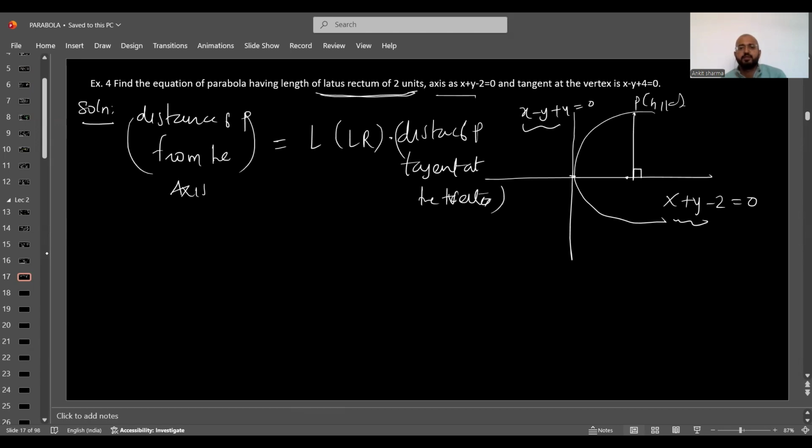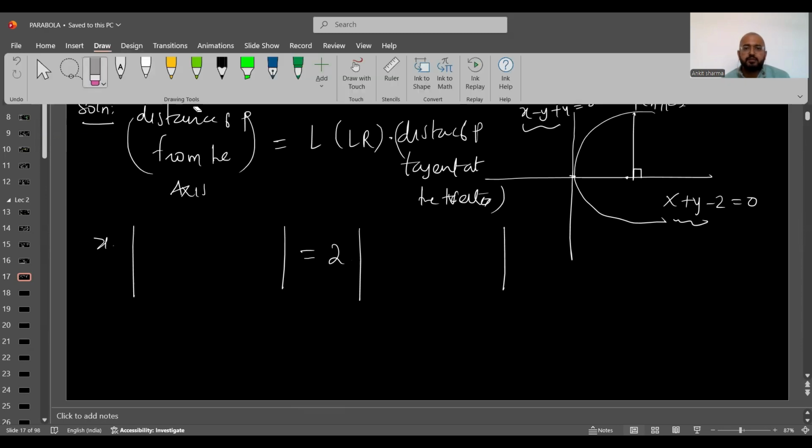This concept we can use. So just simply apply this. Distance of P from the axis is equal to length of latus rectum, given to be 2, into distance of P from the tangent at the vertex.